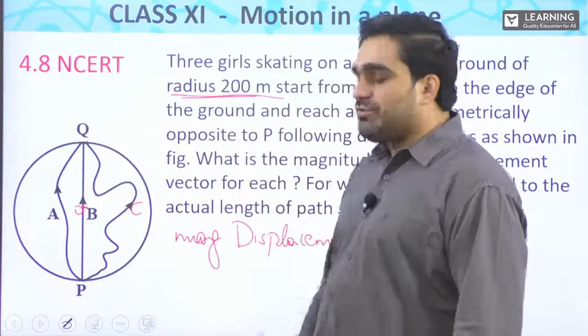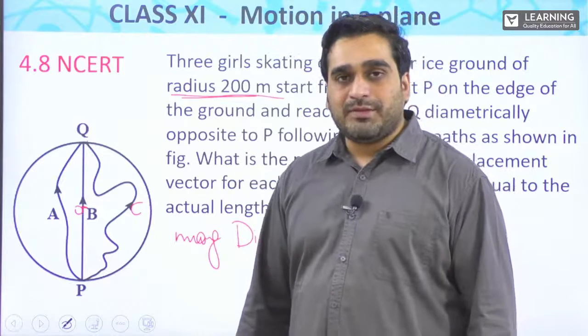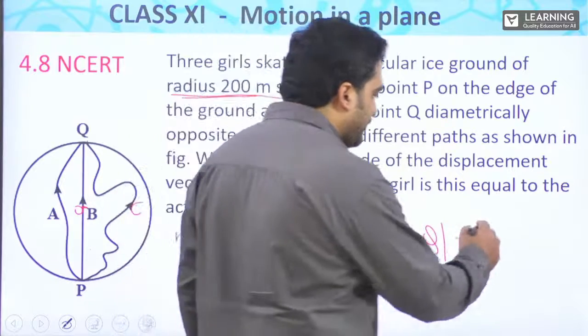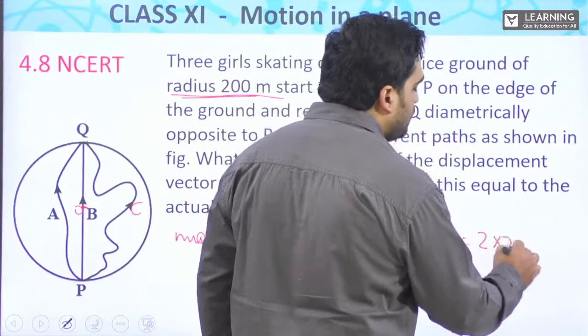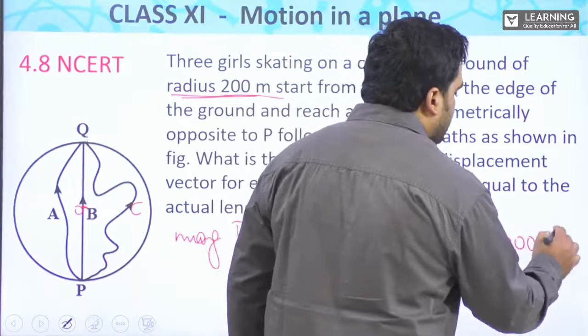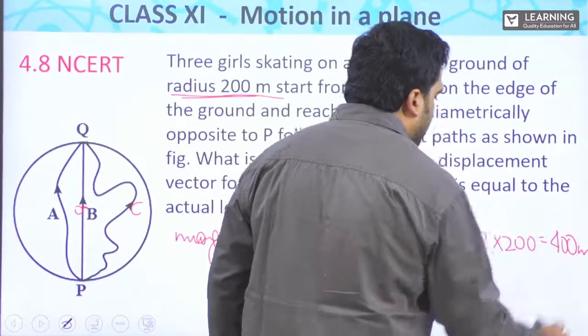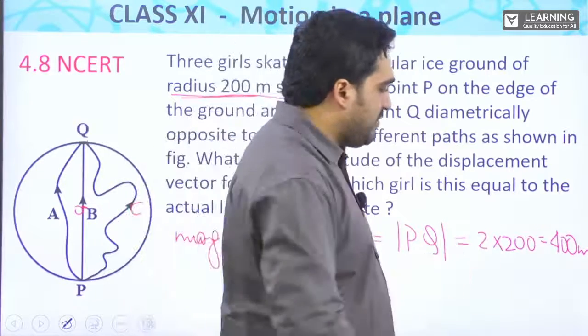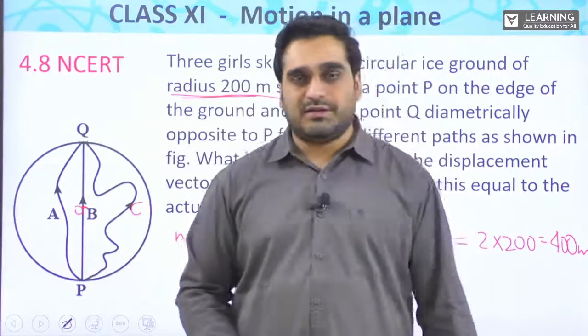So if radius is 200, what would be the diameter? 2 times the radius, which is 400 meters. So 2 times 200, which is equal to 400 meters. Now we have the magnitude of displacement, which is 400 meters.